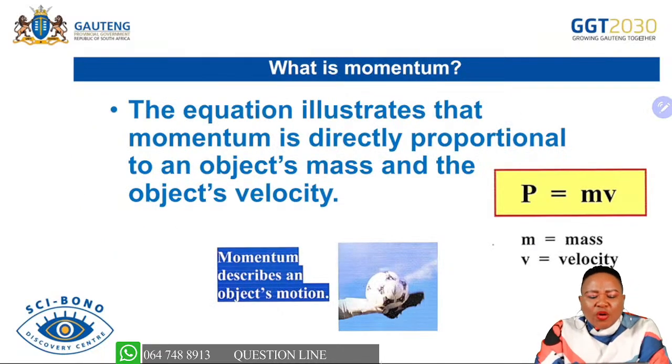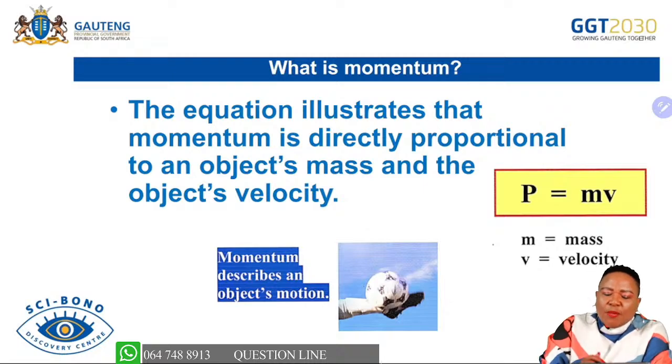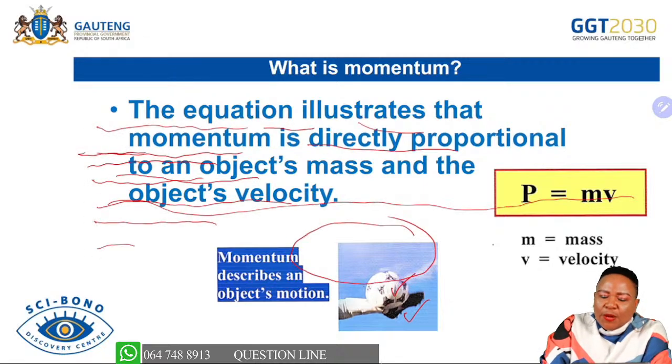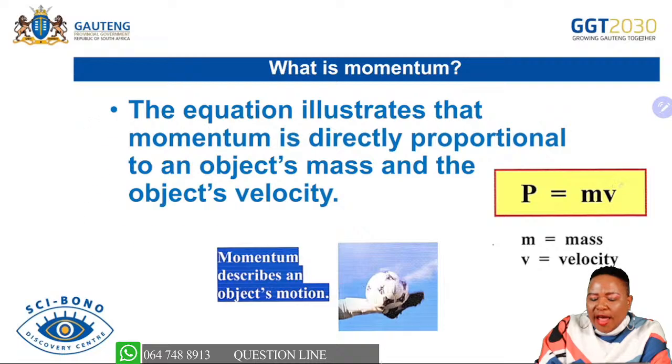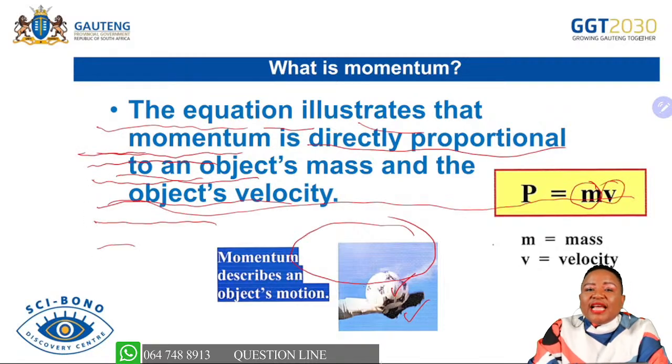Now, we know that the equation illustrates momentum. It says momentum is directly proportional to the object's mass and its velocity, meaning that as the mass of the object increases, or as the velocity of an object increases, the momentum of that object will increase. That is why we are saying the relationship is that the mass and the velocity of an object are directly proportional.